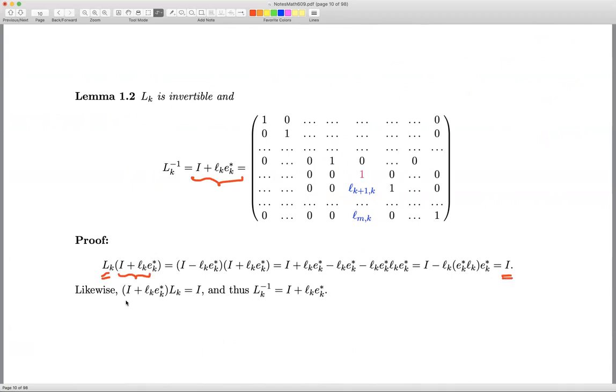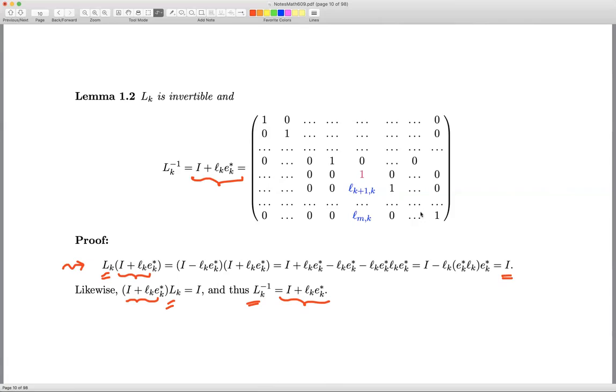We'll come back in a minute to prove that this matrix that we claim is the inverse of Lk, multiplied by Lk, is the identity. And therefore, the inverse of the matrix Lk is I plus the product of lk and ek transpose, and therefore this is the formula for Lk inverse.